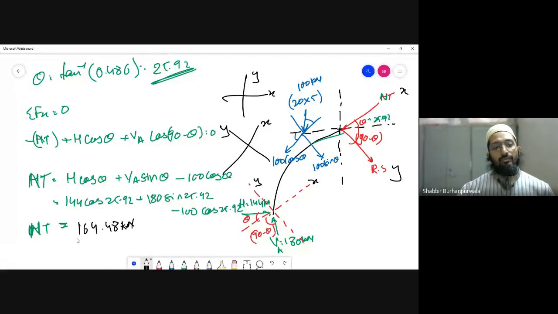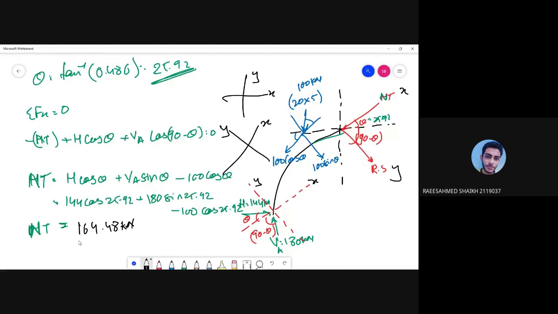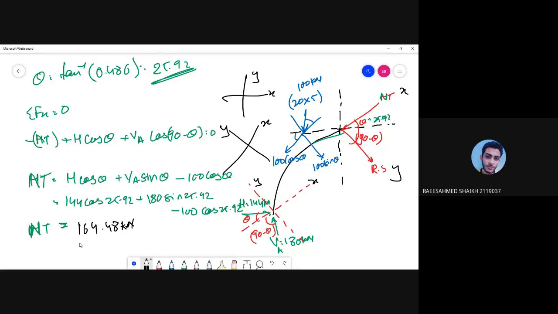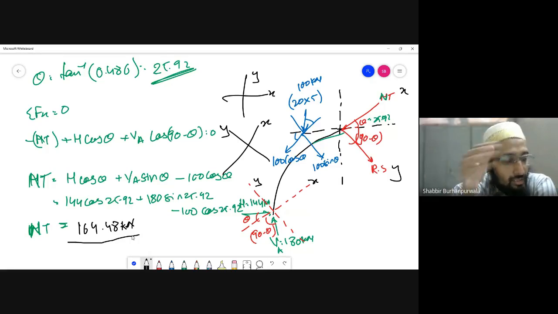Have you checked? Are you getting the same answer? No, sir. I solved without tilting those and I am getting 164.48, and with this I am getting 118.25. You have solved without taking this 100?